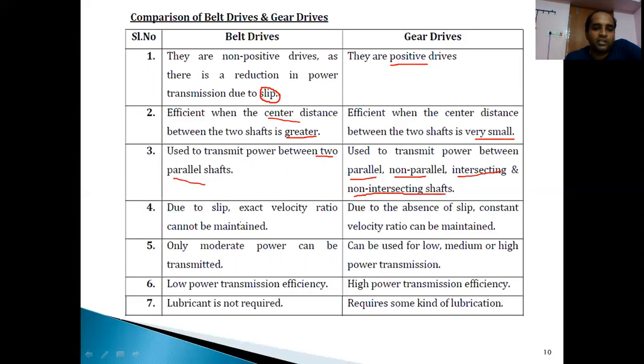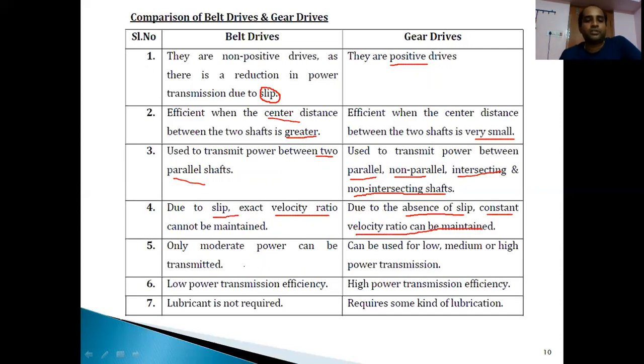In the belt drives, as I was telling you, when there is a slip, you cannot get the exact velocity ratio. But here there is no slip formation. As there is no belt, there is no slip. As there is absence of slip, automatically the velocity ratio maintained will be constant throughout the entire mechanism.